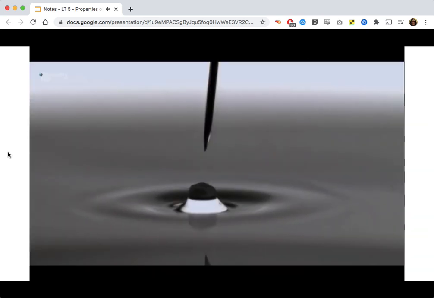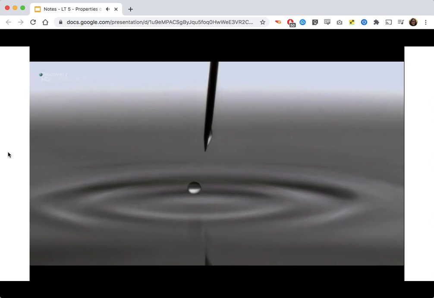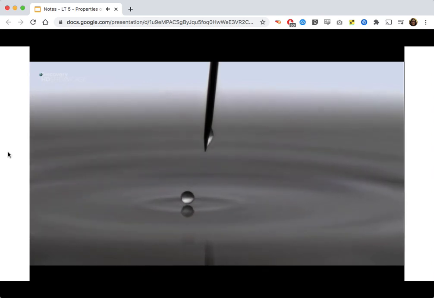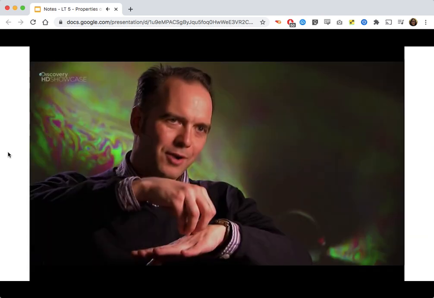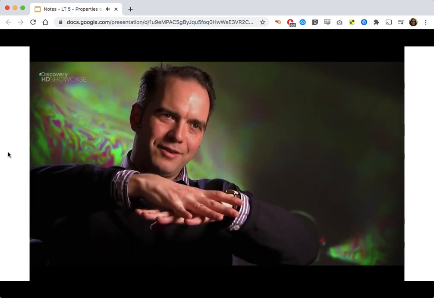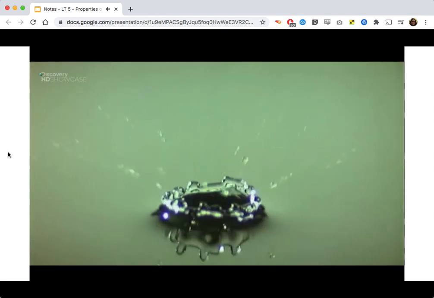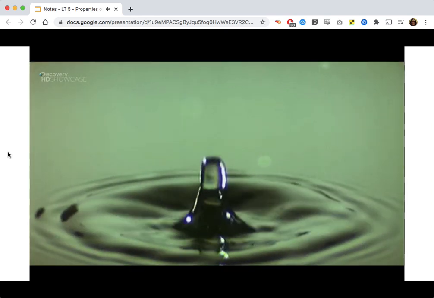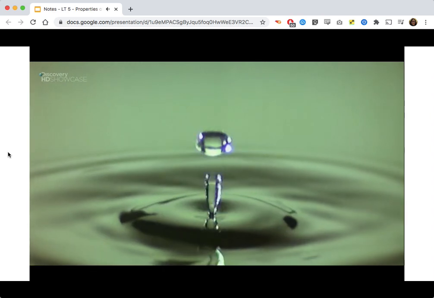Scientists call this phenomenon the coalescence cascade. You take a drop of water and you place it on a water bath. You ask 1,000 people, and 999 will say it simply goes like this. It basically merges with the underlying bath. Exactly half of the droplet disappears into the water underneath.